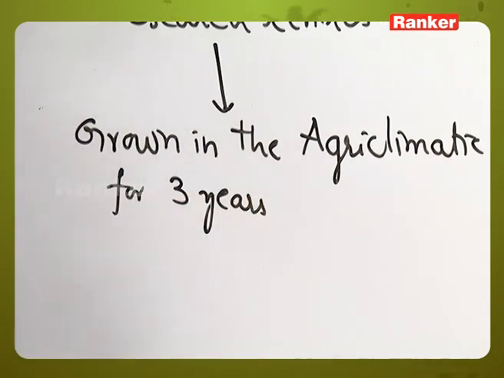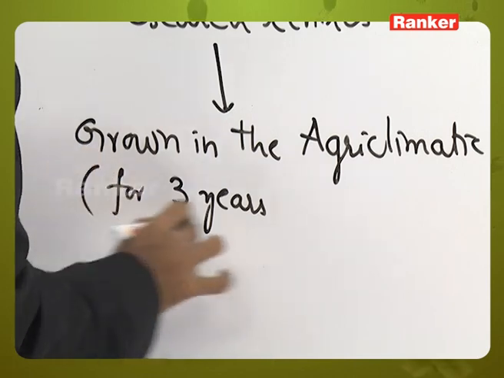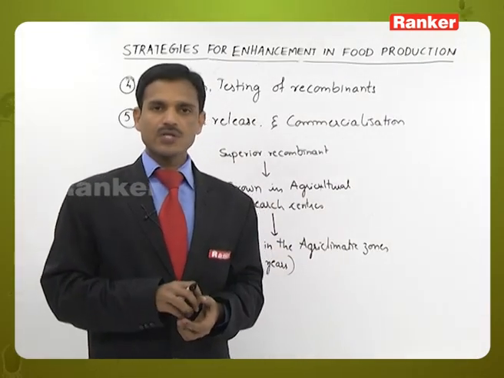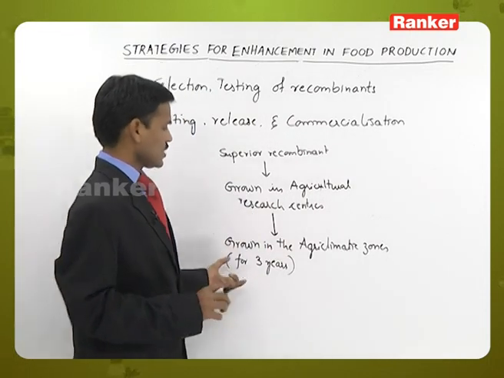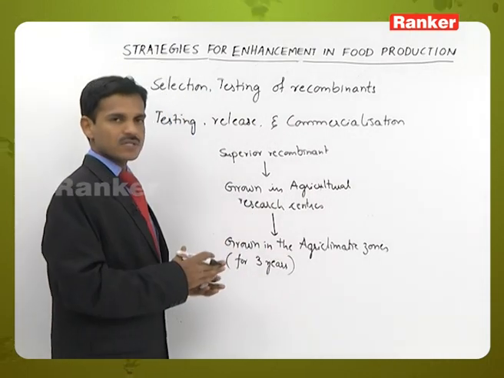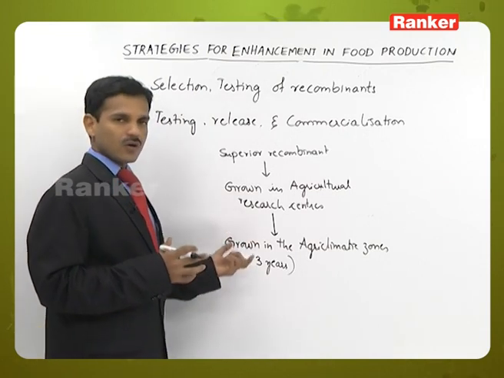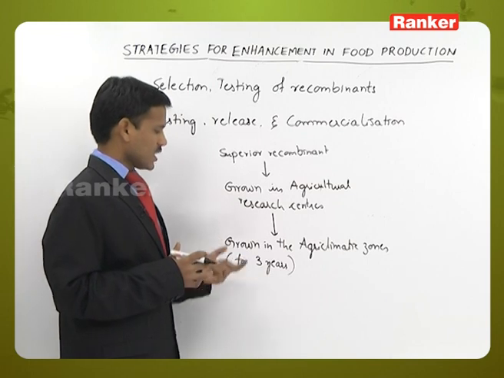For 3 years, the recombinants are tested in the agri-climatic zones throughout India. The seeds are supplied to farmers and tested for 3 cropping seasons, or 3 years.